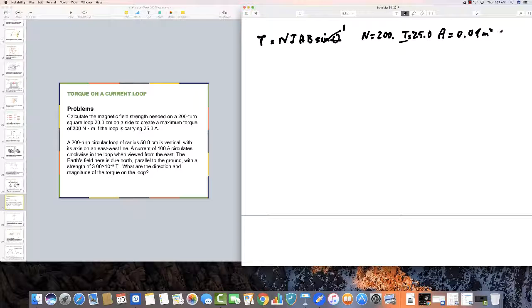And the torque is 300 Newton meters. And so if we rearrange this to solve for the magnetic field, we get torque divided by N I A, which is going to be 300 divided by 200 times 25 times 0.04.